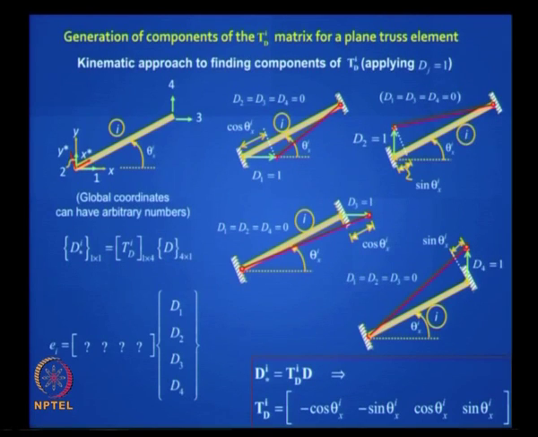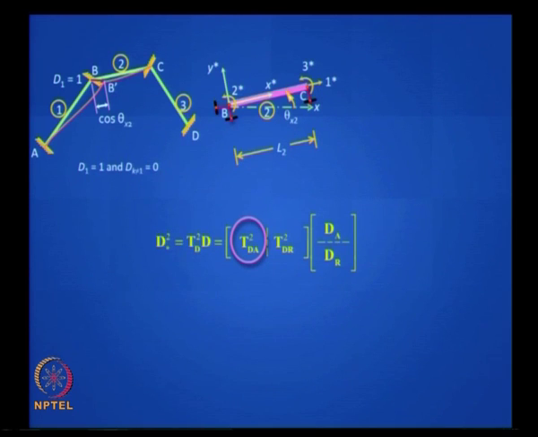We also talked about the displacement transformation matrix, and we derived this from first principles using what we call a kinematic approach. I will show you that you can also get the same matrix, the TDI matrix, from a static approach using the principle called the contragradient principle, which we are now going to look at. But before that, let us just do an application of the TDI matrix.